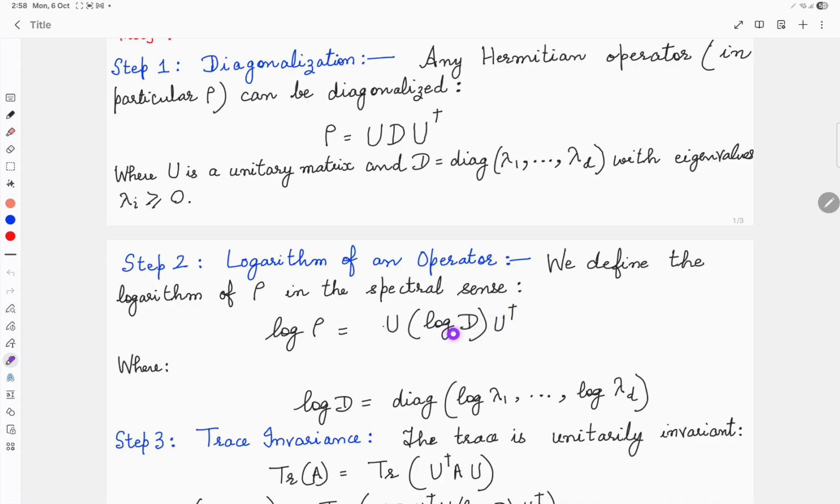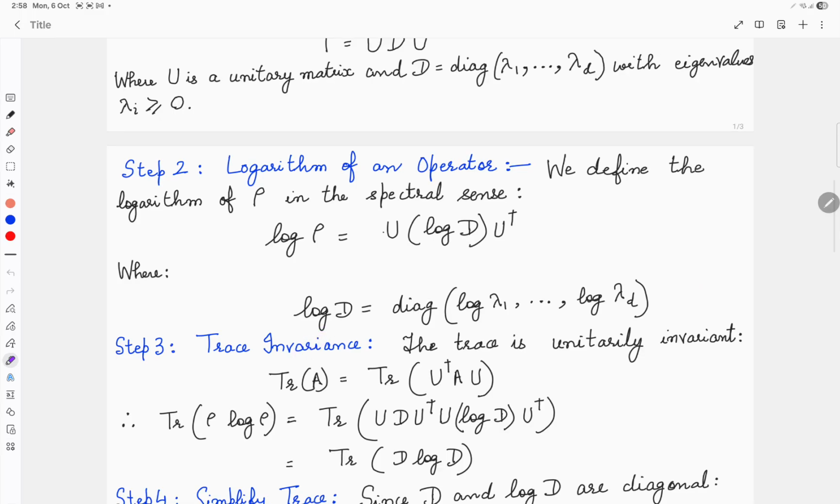What is the D matrix? The D matrix consists of the diagonal elements, which are the eigenvalues. So log D will be the diagonal matrix of log λ_1 and so on, where we take the log of all the eigenvalues.